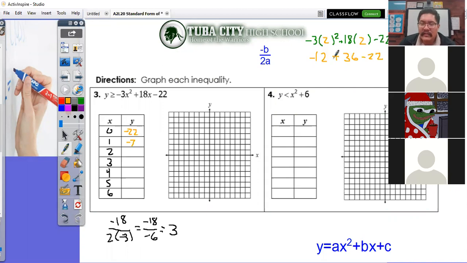And let me go ahead and put the negative numbers together. So in this case, it becomes -34. Okay, so 36 minus 34, that'd be 2.